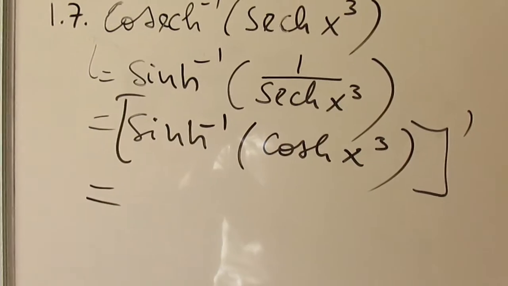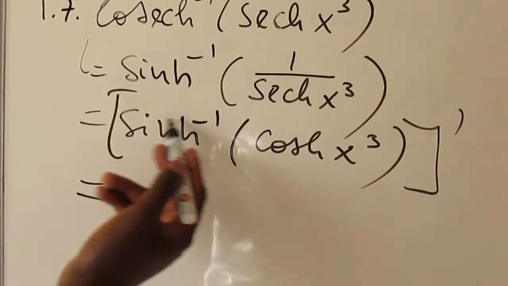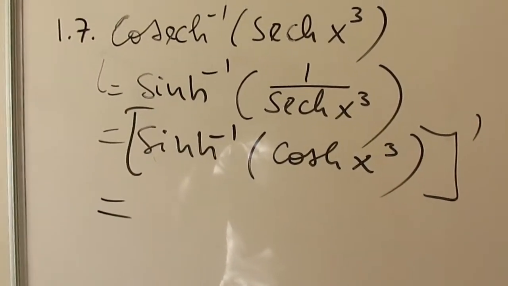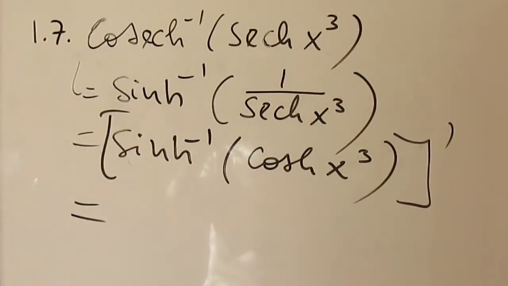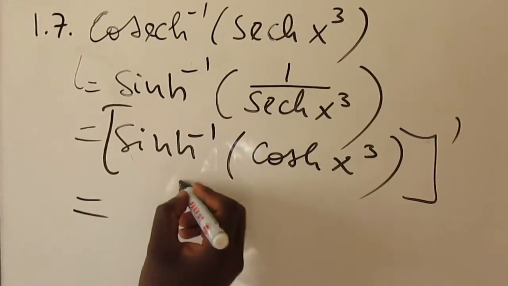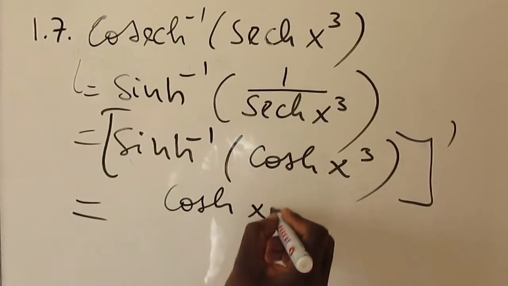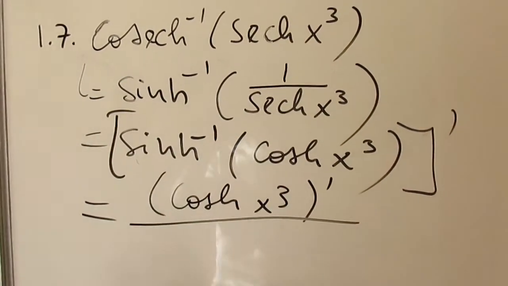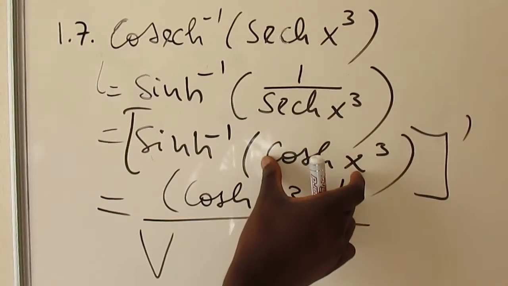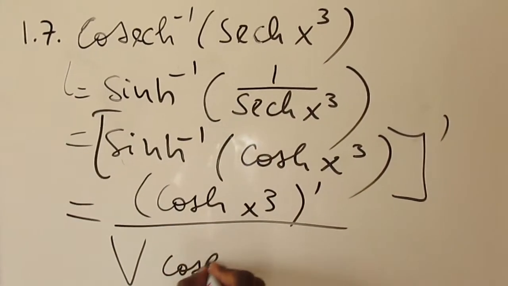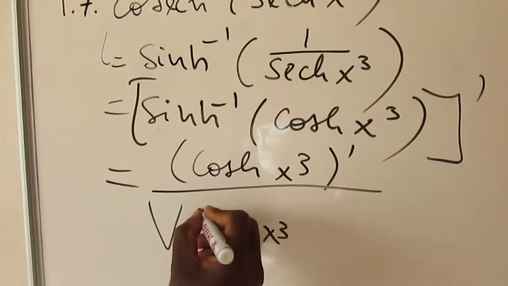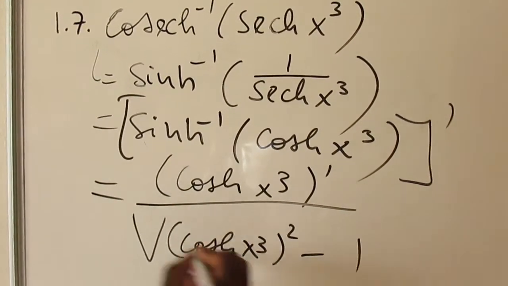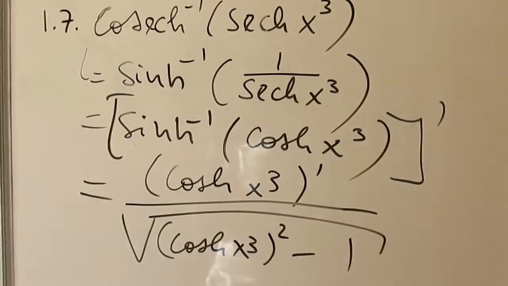You apply the formula that we gave you for the derivative of arc sinh. You take cos x cubed, you take this function, you derive it over square root of this function squared, minus 1. And you calculate this.